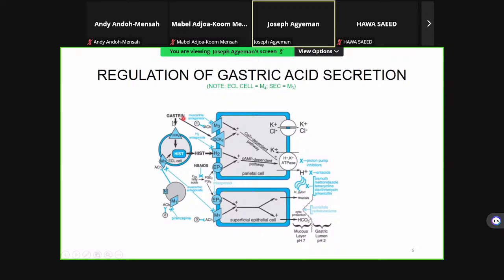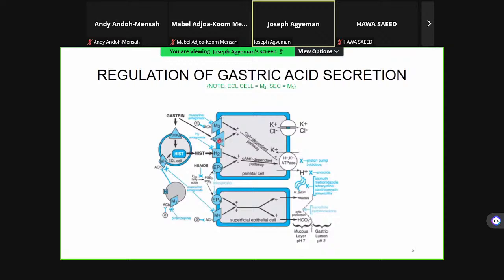And we've mentioned that the receptor for gastrin is called the cholecystokinin 2, CCK2 receptor. On the ECL, you can see that we have the CCK2 receptor. Also, on the parietal cells, you can see that they also have the CCK2 receptor, meaning that when gastrin is secreted, it can attack the CCK2 receptor on the ECL as well as the CCK2 receptor on the parietal cells.